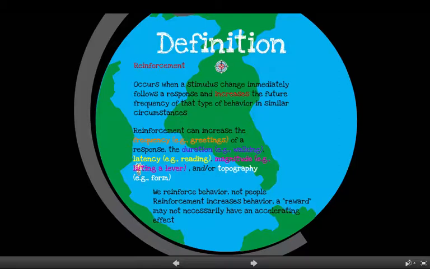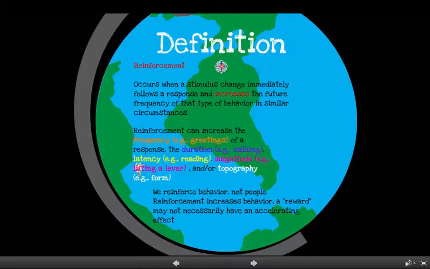Now, one of the things that I want to point out is that we reinforce behavior. We do not reinforce people. We are reinforcing specific forms of behavior. That's what we're looking to increase. And I just make that point known because in our observation and in our verification that something's a reinforcer, it's a behavior that we need to count or to measure in some way, if it's a duration or a latency, for example.